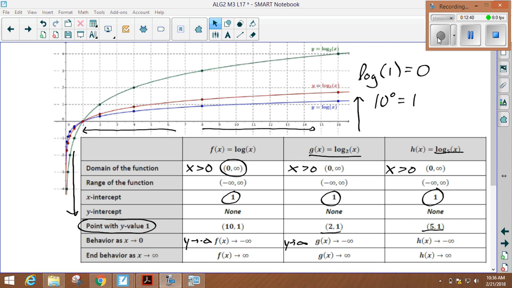F, we did that. Describe the end behavior of the function. As x goes to infinity, f of x goes to infinity, and g of x goes to infinity, and h of x, in other words, y goes to infinity. As x goes to positive infinity, y goes to positive infinity.